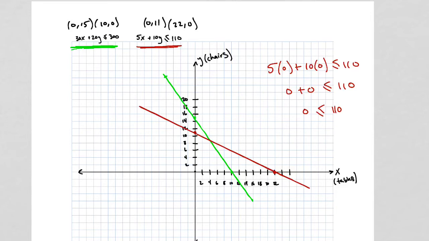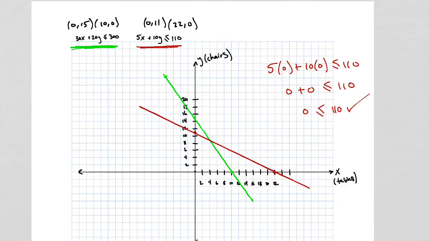So is 0 less than or equal to 110? Yes, it is. So that means that everything on this side of the red line, because this test point rings true, everything on this side of the red line is a true statement. So normally what you do is you just color in this side of the line, leave everything out here blank. You just color this side of the line, just scribble it in.